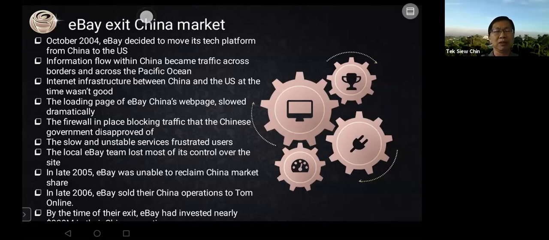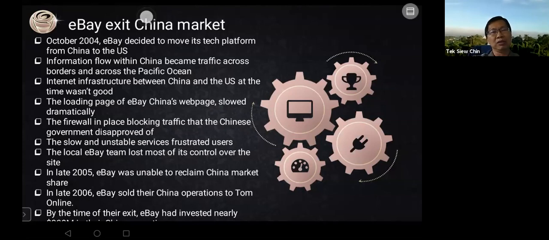So this made the business not so easy. And with all control from the HQ, the local team in China could not do much. They took a long time to amend any local problem.